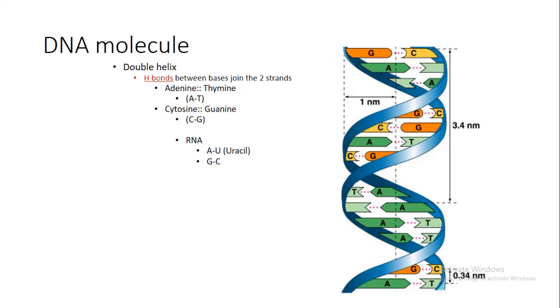You also need to understand that at least 10 nucleotides make up a DNA strand. One nucleotide, another nucleotide, another nucleotide, until they reach 10. That's when they can be said to be a DNA molecule.